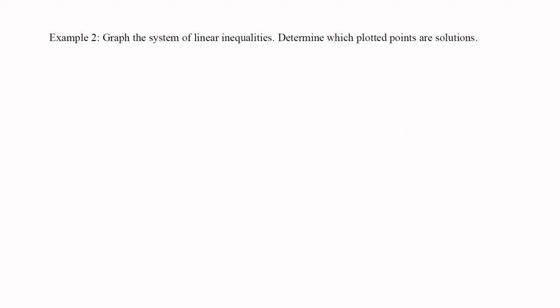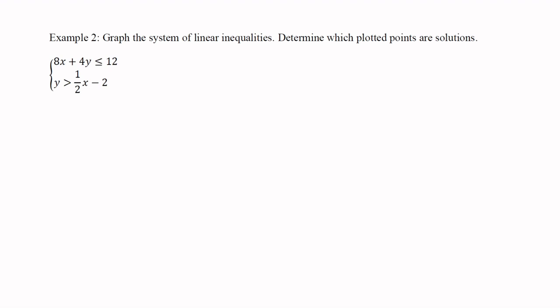For this example, we're going to graph the system of linear inequalities and determine which plotted points are solutions. In your notes, you have the plotted points already on the graph for you. All you have to do is graph this system of inequalities and see which points lie within the shared solution region.